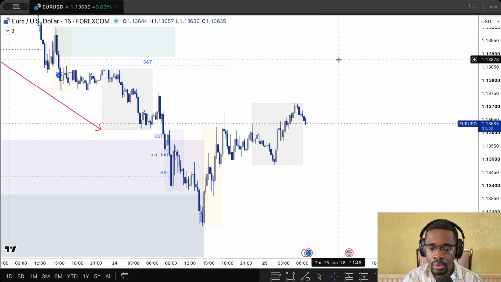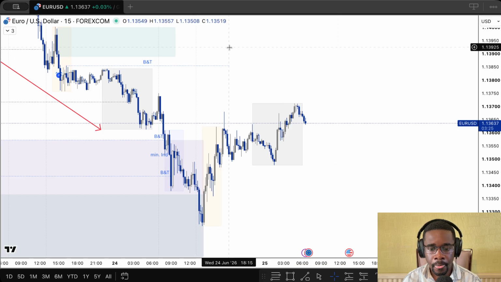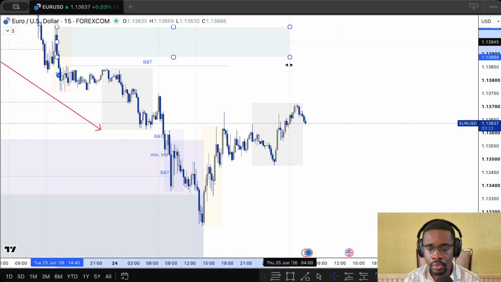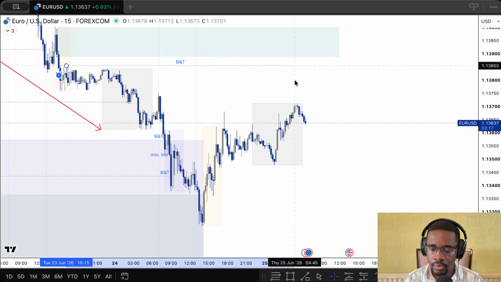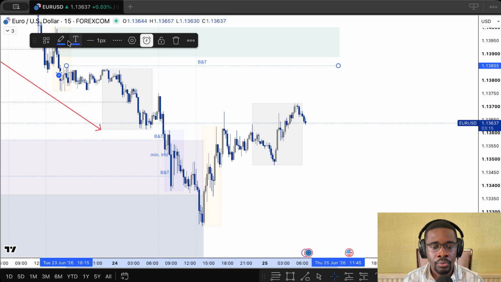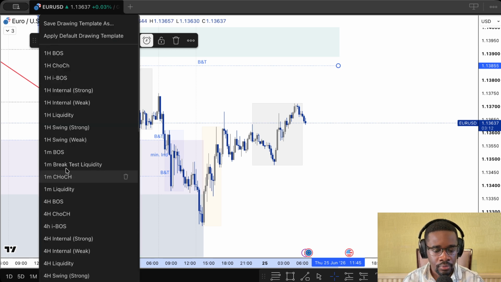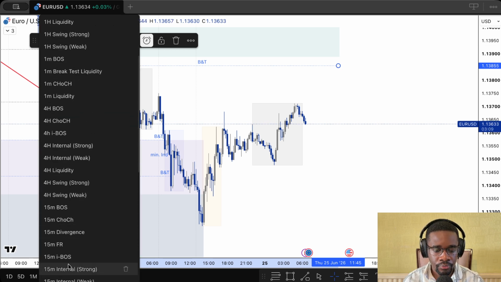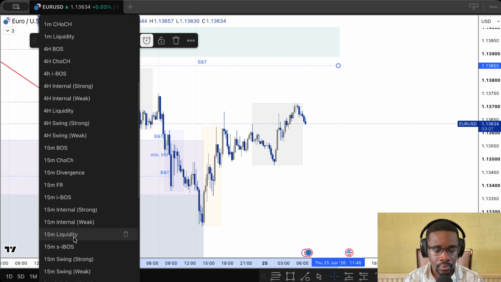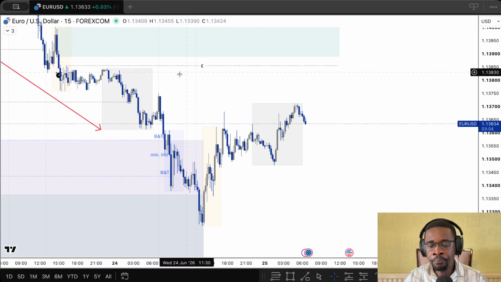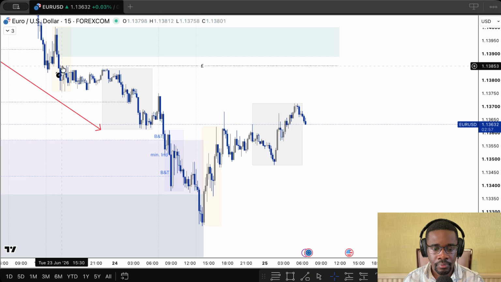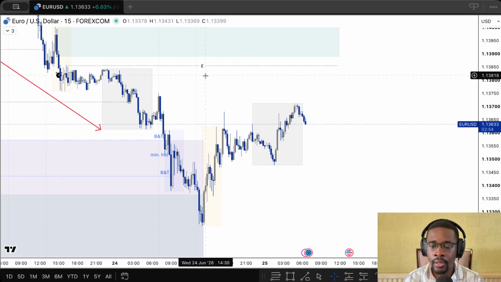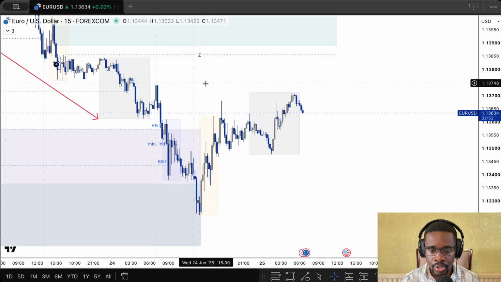So looking ahead today, what would be our targets? What could we expect? We do have those relative equal highs right there, with Asia high, and then there's equal highs right here on the left during the New York session of a previous day.